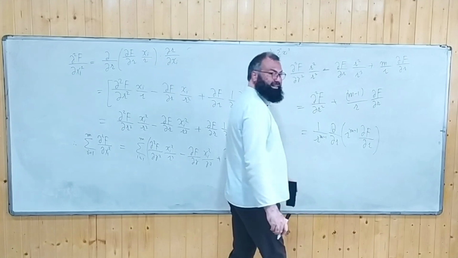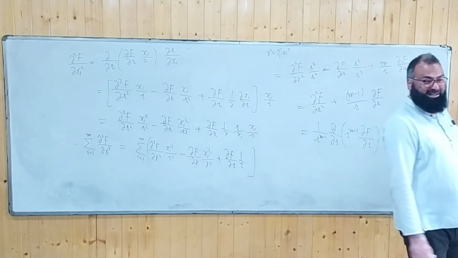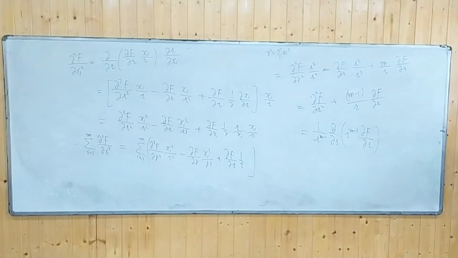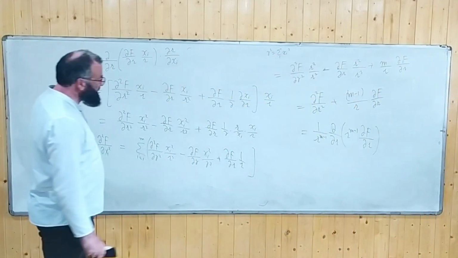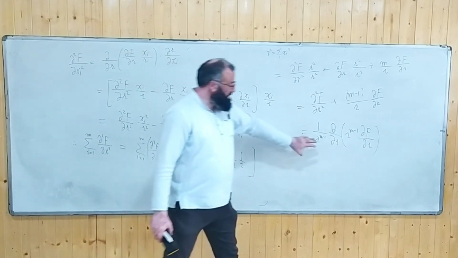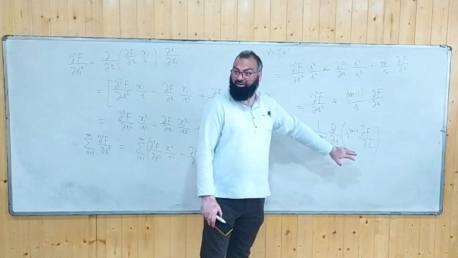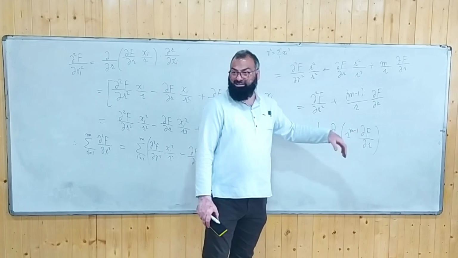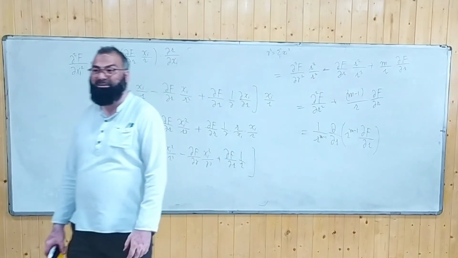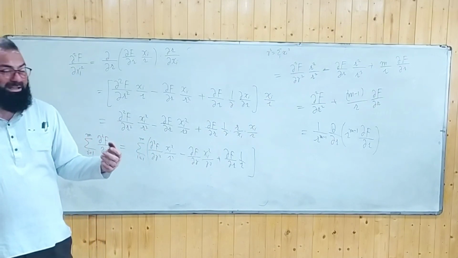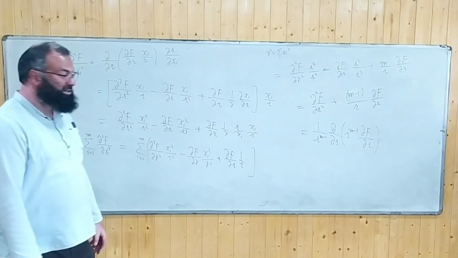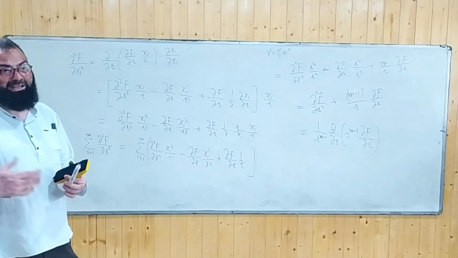So this is actually the Laplacian in spherical polar coordinates, when you have symmetry in the problem. When the function is spherically symmetric, this is the Laplacian with only radial coordinate dependence, because f does not have any theta and phi dependence. Clear? If you have a spherically symmetric problem, you simply write only the radial equation for that problem.